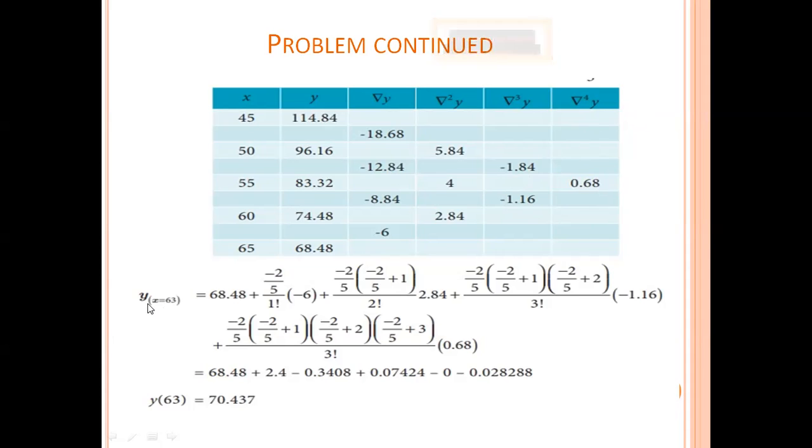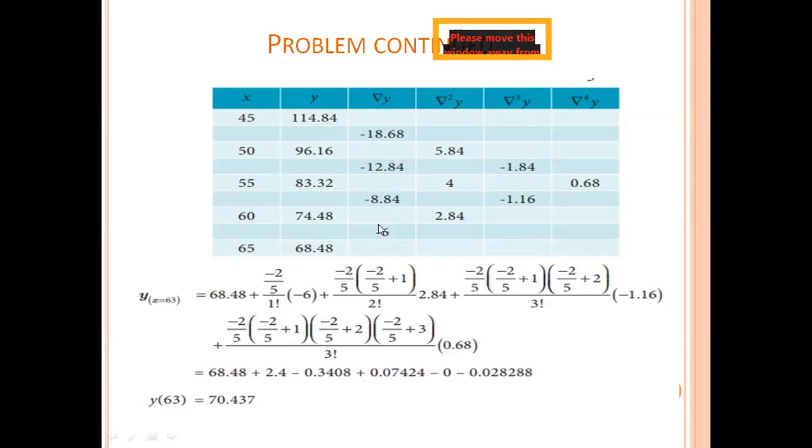We are going to find the value of y at x equal to 63. Already we know the formula. This is yn, the last value of y, 68.48, plus n divided by 1 factorial into del yn, which is minus 6.